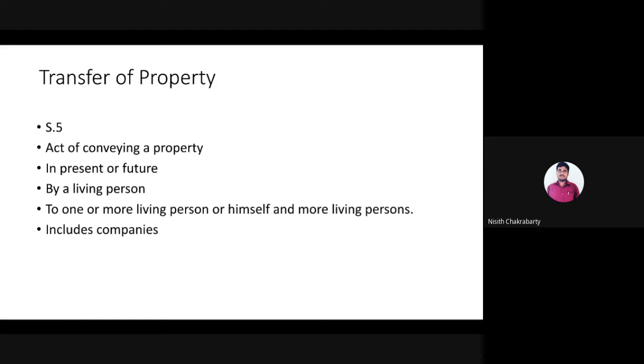That act of conveying a property must be either in present or in future. I can say that right now I'm transferring, or on the happening of certain event, or at a future date I'll deliver it to you.